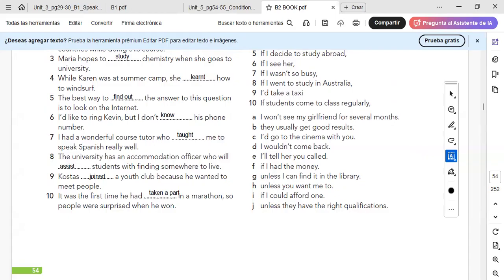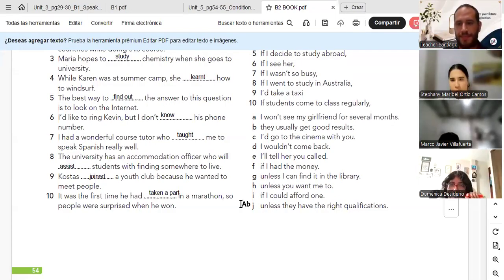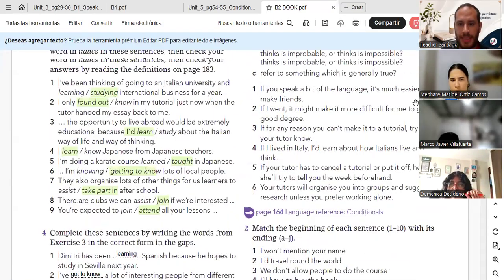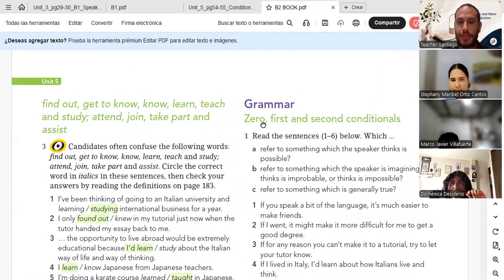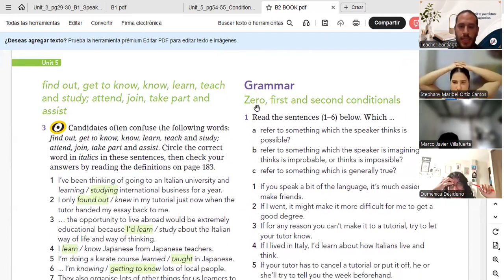So now we're going to focus on conditionals, okay? Okay, guys, so let's see. It says zero, first and second conditionals.